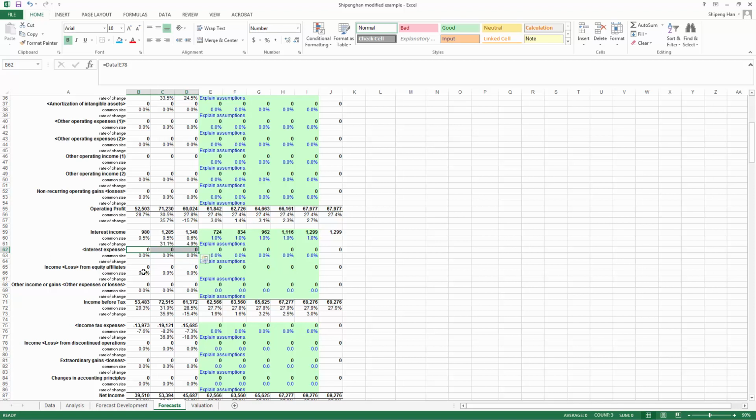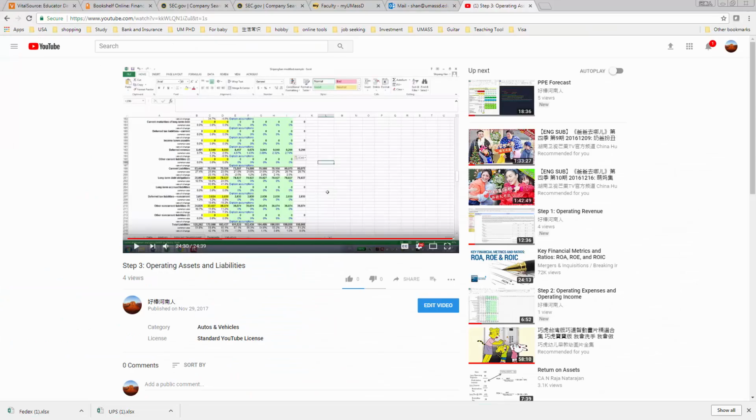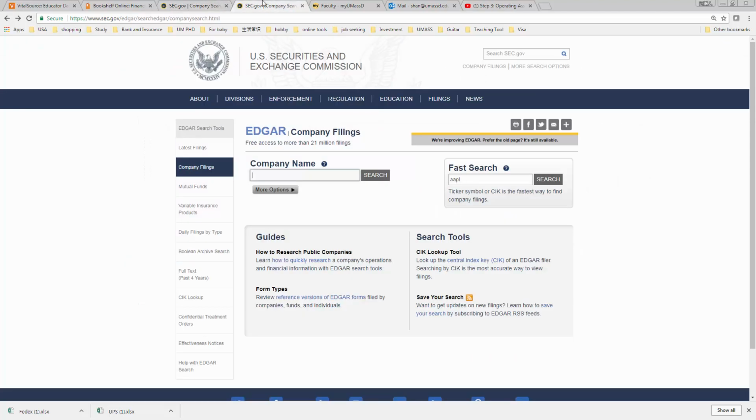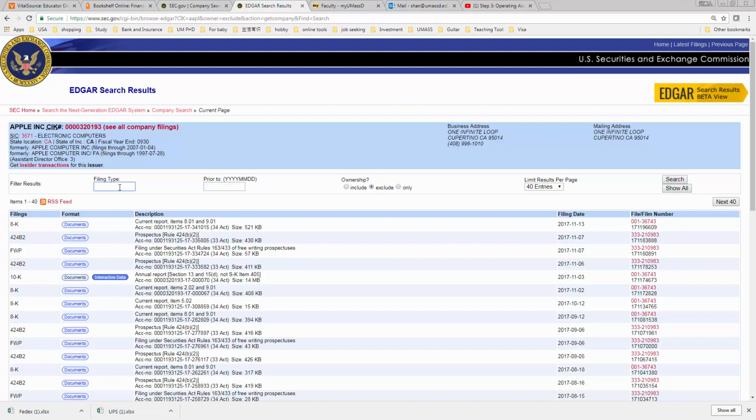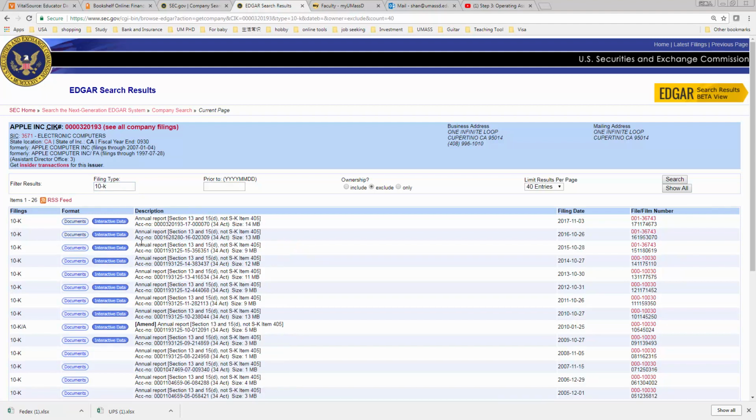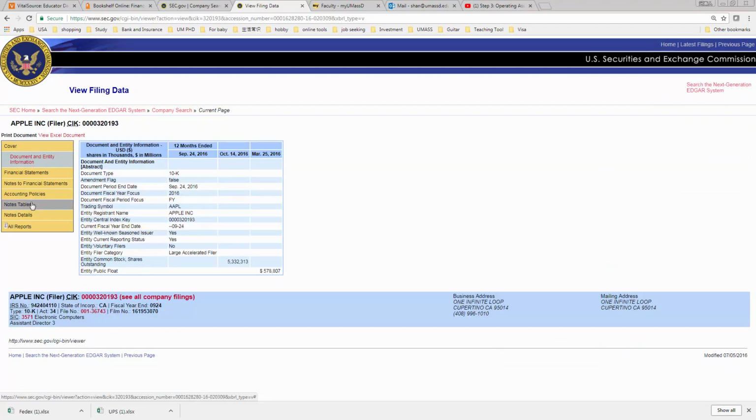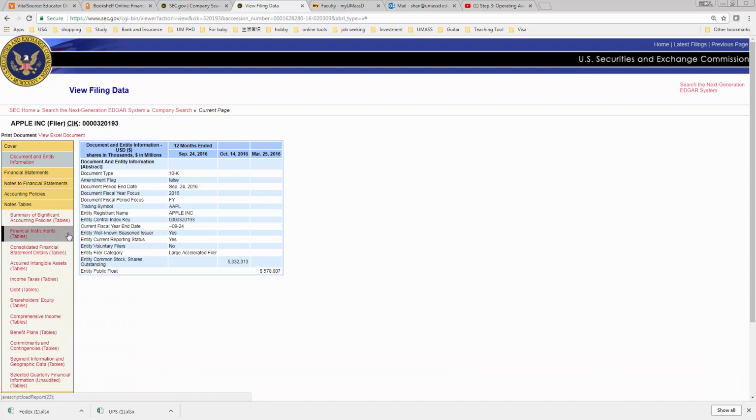Actually, if we go to the SEC and find the financial reports of Apple, I use the 2016 10K interactive data. So we click the notes table, and debt.